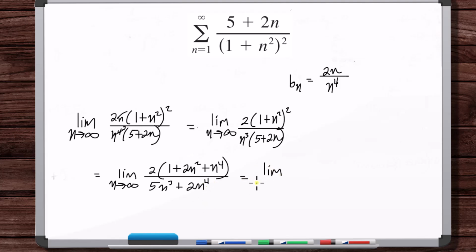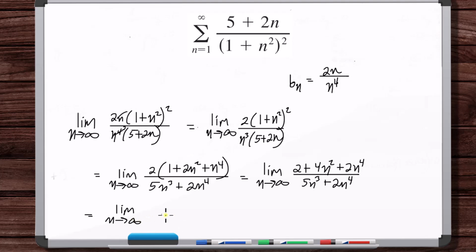Okay, so 2 plus, okay, so now let's divide the numerator and denominator by n to the 4th. So as n approaches infinity, this approaches 2 over 2, which is equal to 1, greater than 0.